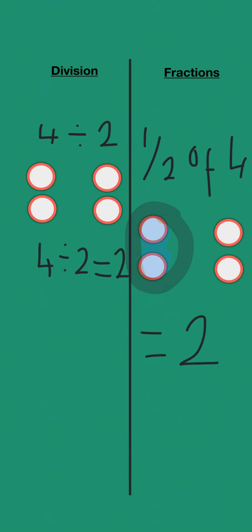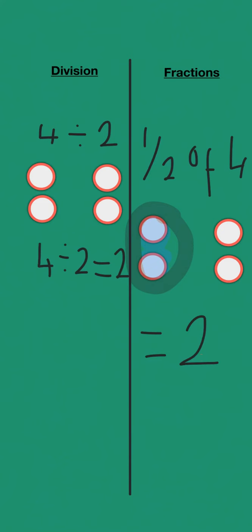Here I've demonstrated division. I've demonstrated that division is when you've got an amount and you are sharing it into a certain number of groups. I've also demonstrated fractions. I've demonstrated how to find 1/2 of a number. As you can see, I've got the same answer.